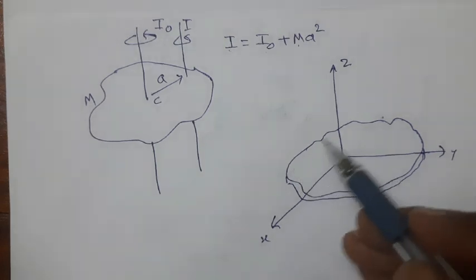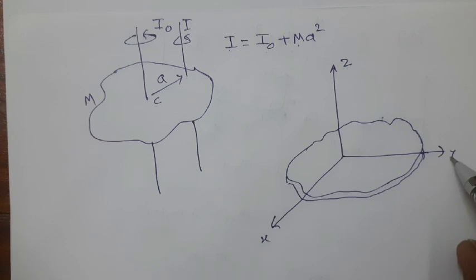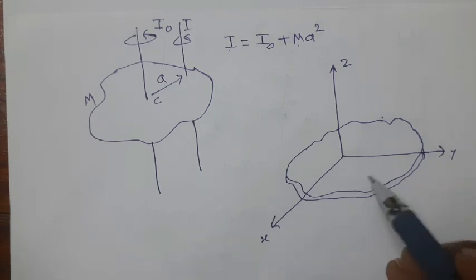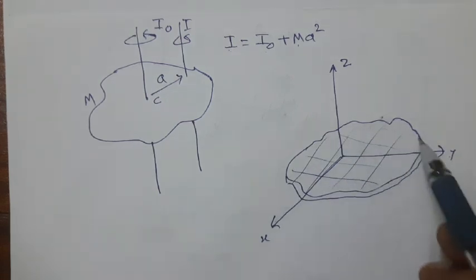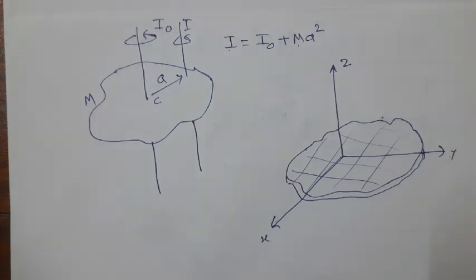But if it is the distribution only in 2 dimensions, let it be x and y, then for such an object, if x and y axes are in the plane of that lamina, this is known as the laminar object or planar object, lamina.